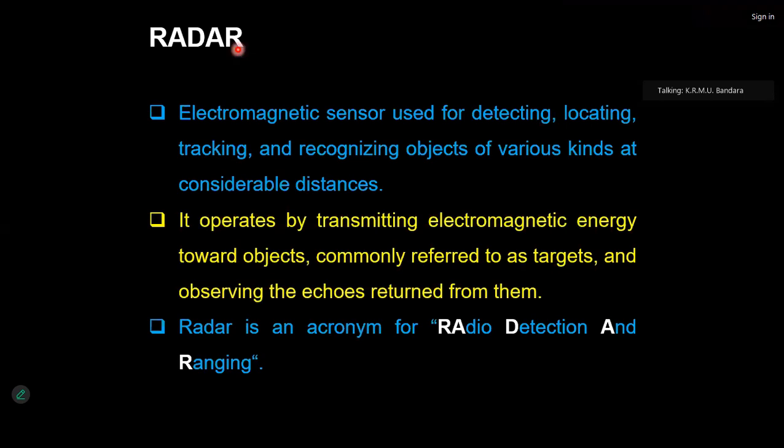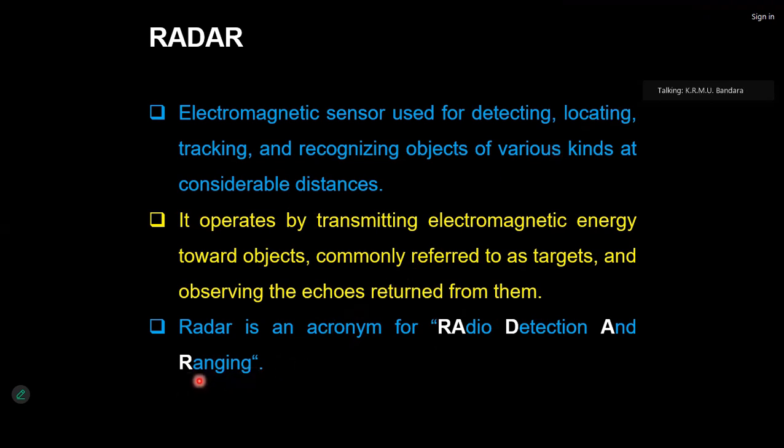Radar comes from the acronym for radio detection, because we are using the radio waves. I will explain what the radio wave is and how it relates to the microwave. Radio detection means detecting the object, and ranging means locating, that means finding out the distance.